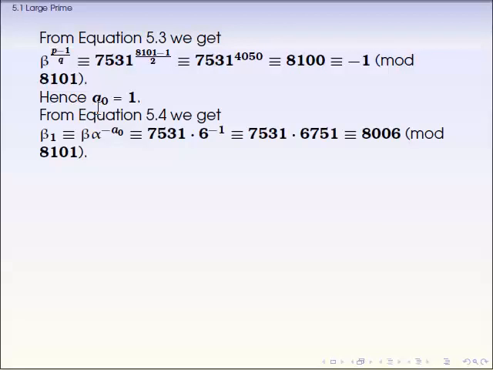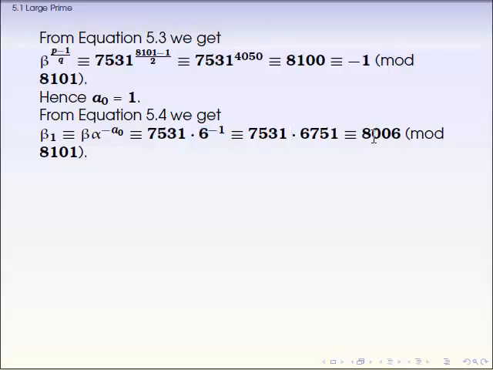Then how about a1? We are looking for beta 1. By the formula, it should be like this. So beta is 7531, alpha is 6, and this a0 comes from the previous step, right? So we have to find these one by one, there's no jump. So plug 1 for a0, then it's alpha to the negative 1, which is the inverse of 6 for this modulus.